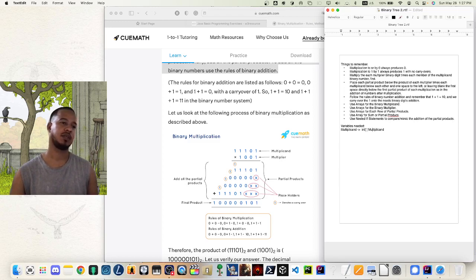That's why I do it like this: multiplicand, multiplier. This is easier to read.